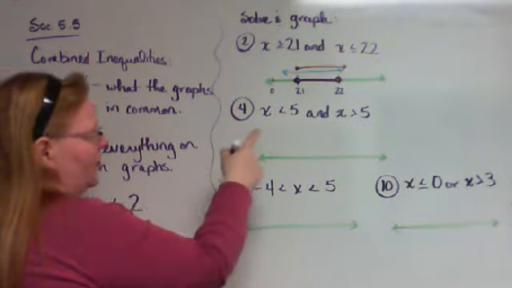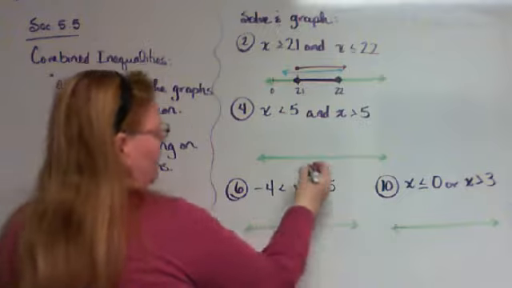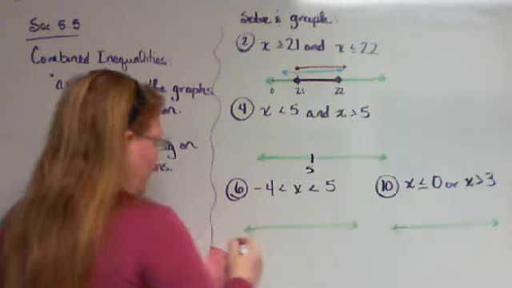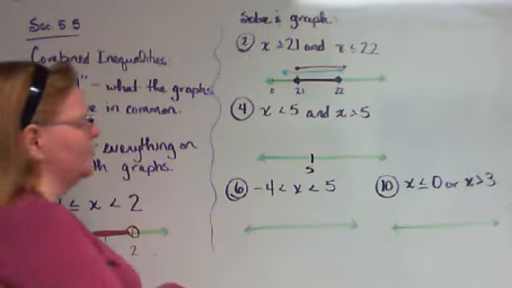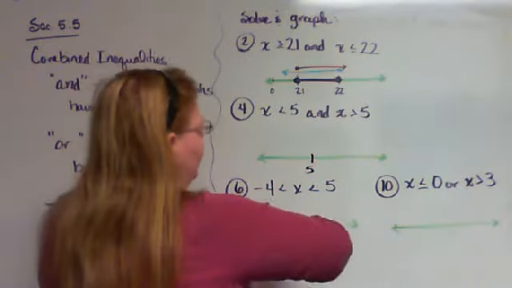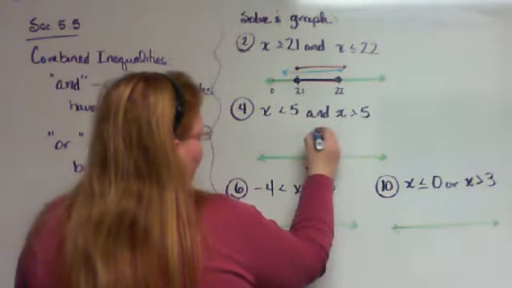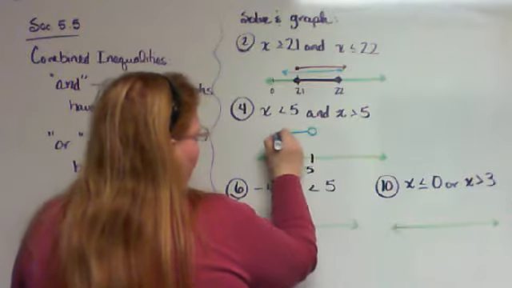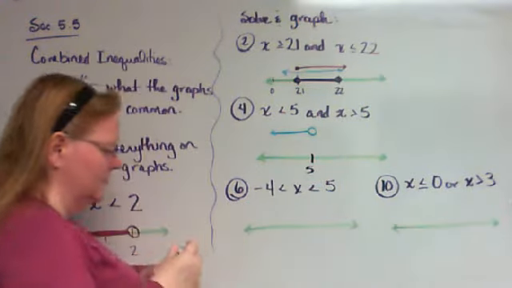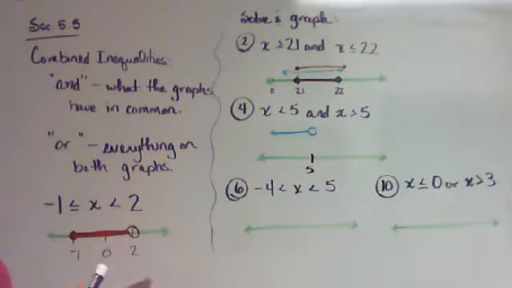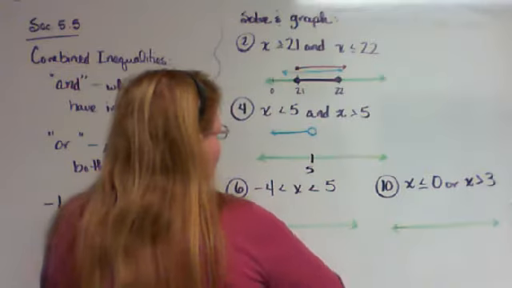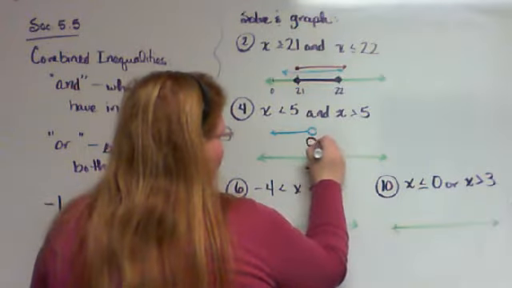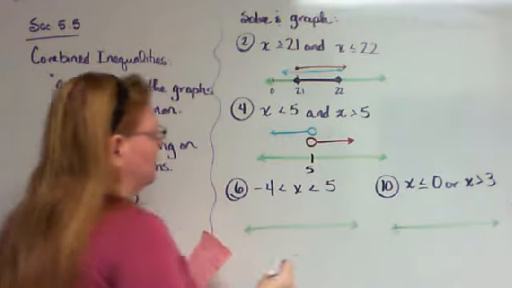For this one right here, we're talking about 5. For the first one, it's open on 5 and going that way. For the second one, it's open on 5 and going that way.